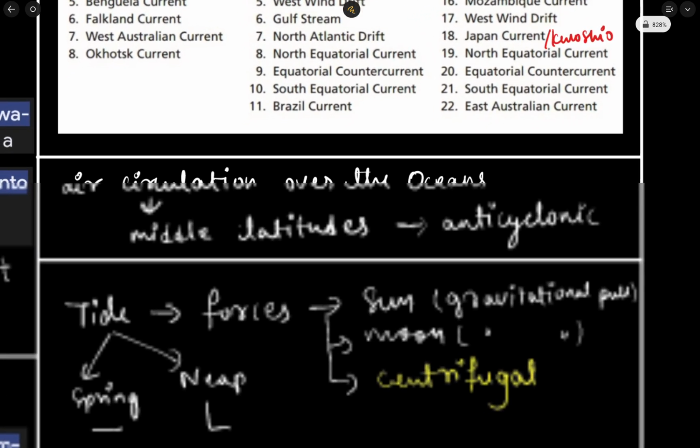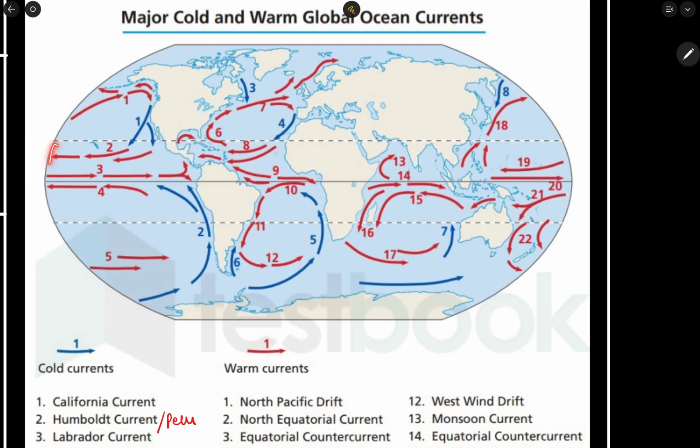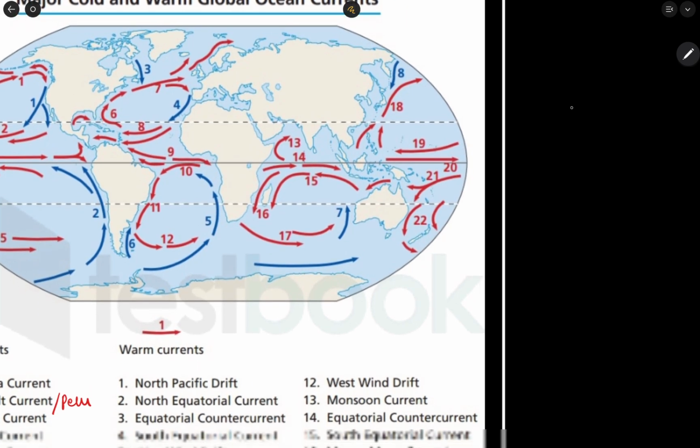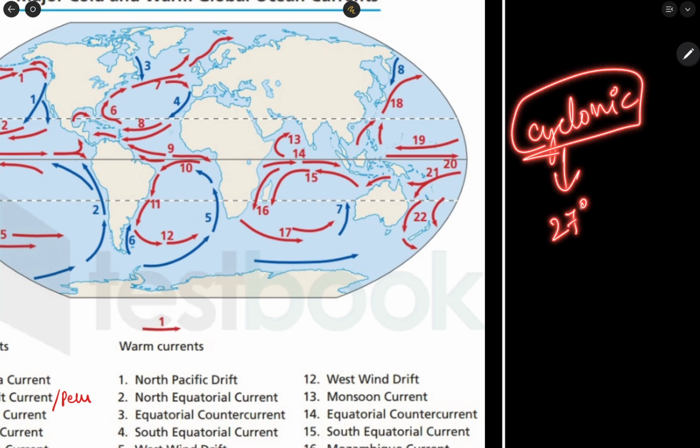Next we have the air circulation. The air circulation over the mid latitude regions over the ocean is anticyclonic. First of all, let's know about the cyclonic condition. The cyclonic condition occurs when the temperature in the cyclonic eye is above 27 degrees Celsius.